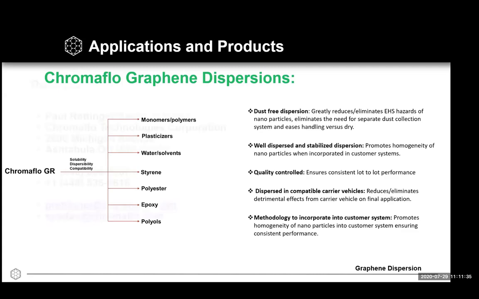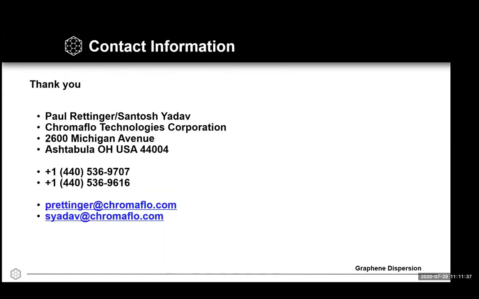If you need to reach us, we are located at Chromaflow Technologies in our Ashtabula, Ohio facility. My phone number and Santosh's are listed here, as well as our email address, if you'd like to reach out with any questions. We'd like to thank you for your patience and your participation.